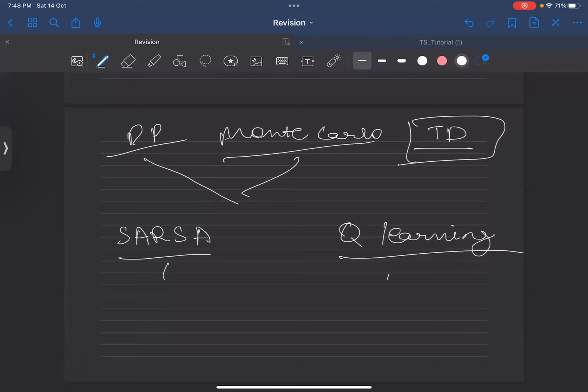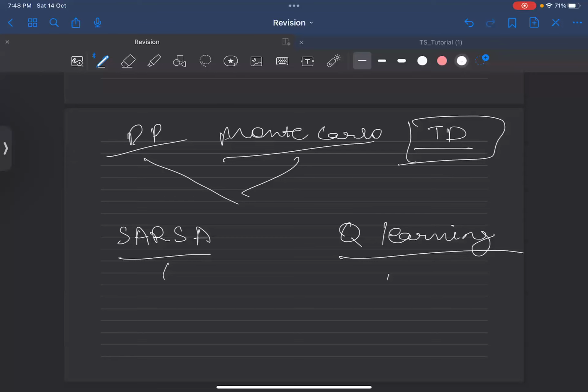Should I show how we solve it, or is it clear how the update works? Q learning, going through the example, appears to me like TD one-step learning. Am I correct? Q learning and SARSA are TD learning methods.